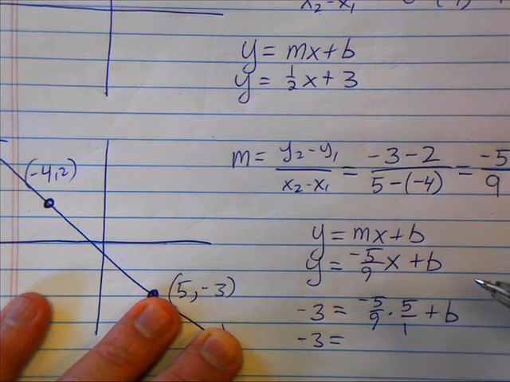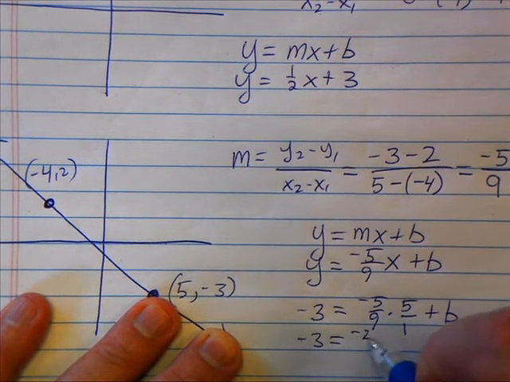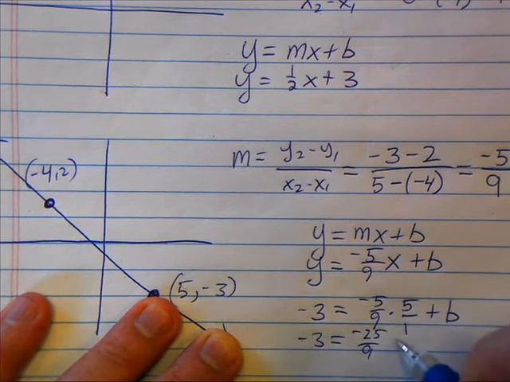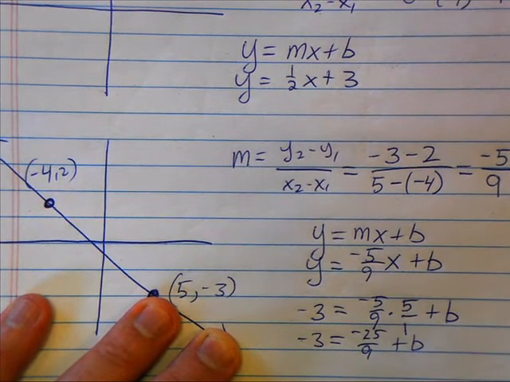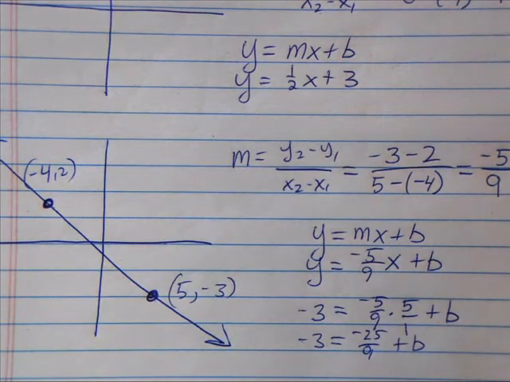Negative 25 over 9, you multiply tops and multiply bottoms. Negative 25 over 9 plus b. And finally, how do I get the b all by itself? Add 25 over 9. How much is negative 3 plus 25 over 9?